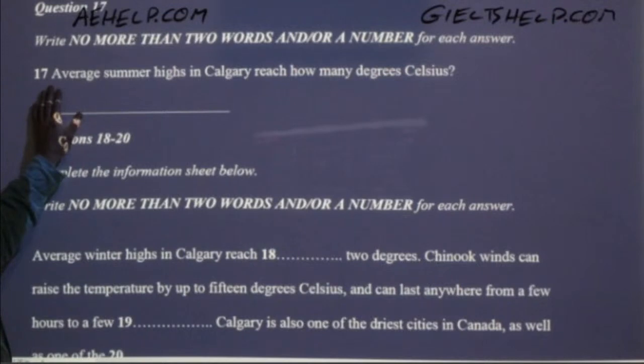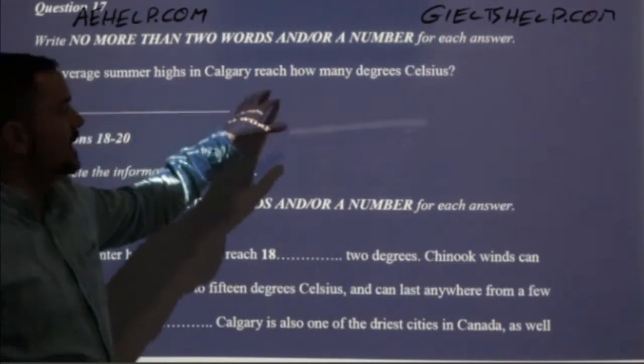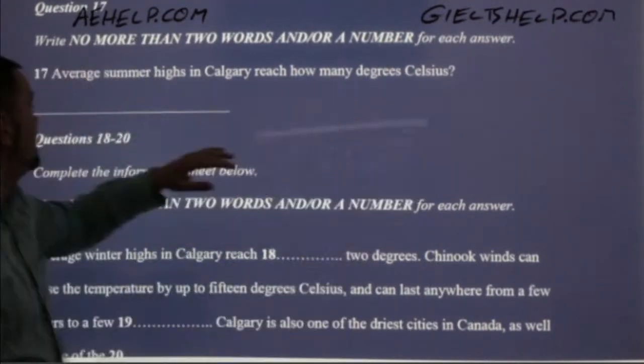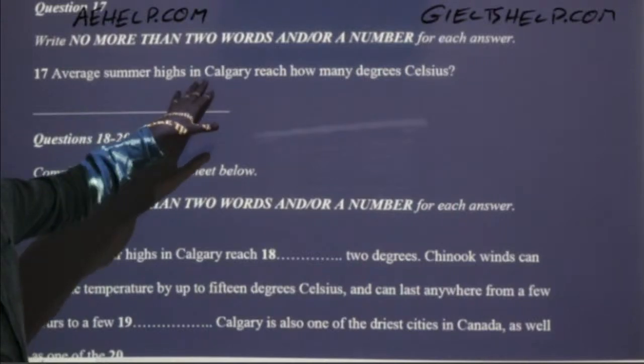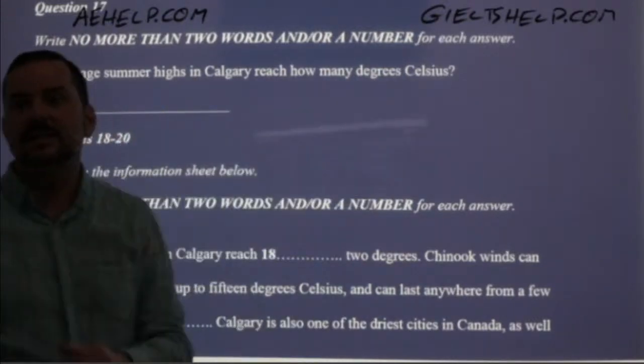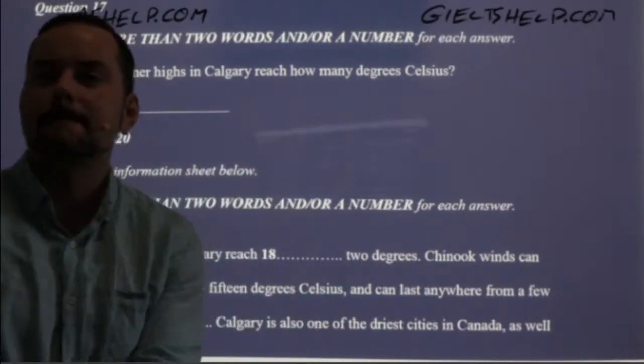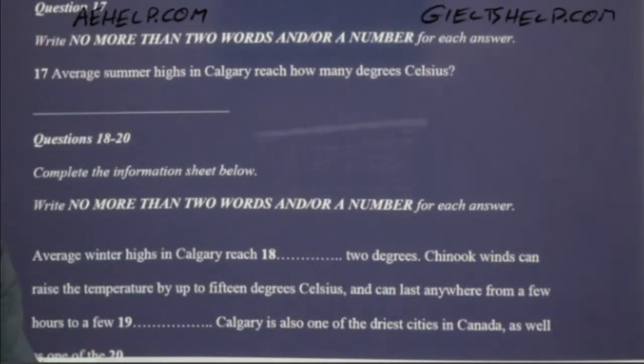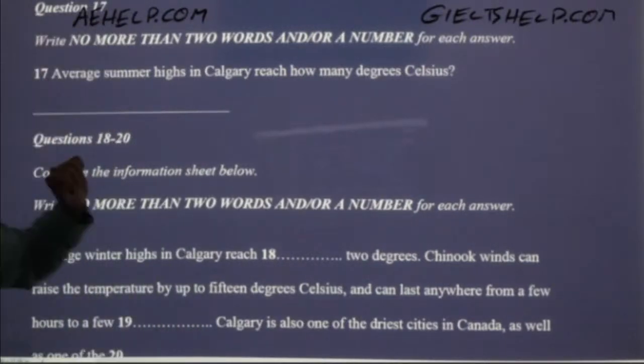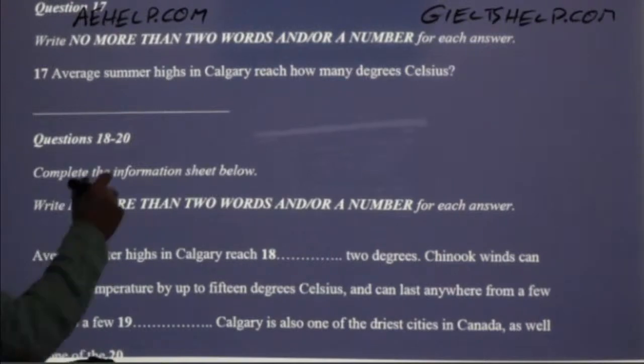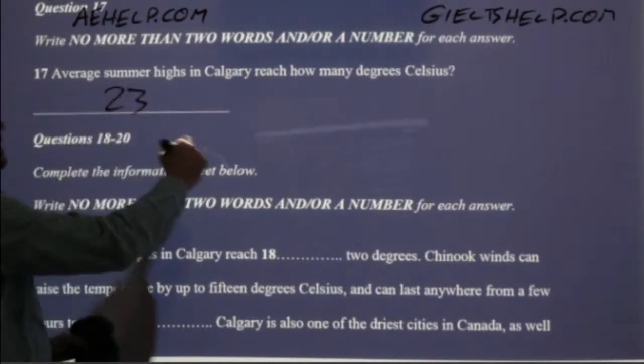Number 17, average summer highs in Calgary reach how many degrees Celsius? So summer highs, how many degrees Celsius? Anybody got that one? Number 17. 23, very good. Yeah, and you don't need to put Celsius because it's in the question.